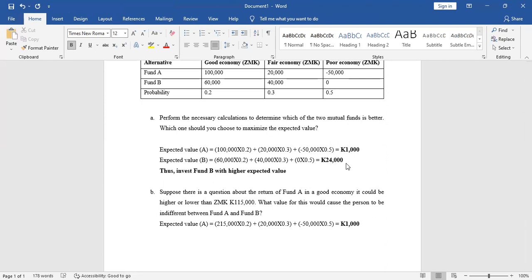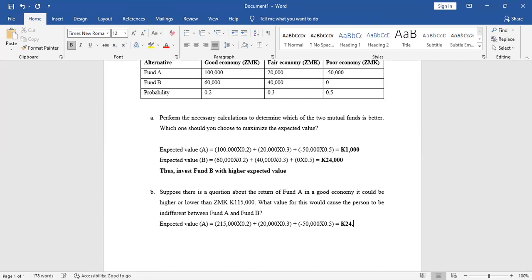So I'm processing now on the calculator: open bracket 215,000 multiplied by 0.2, close bracket, plus open bracket 20,000 multiplied by 0.3, close bracket, and then plus open bracket negative 50,000 multiplied by 0.5. There you go, I have the 24,000.